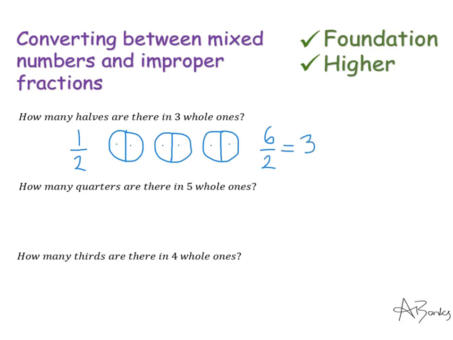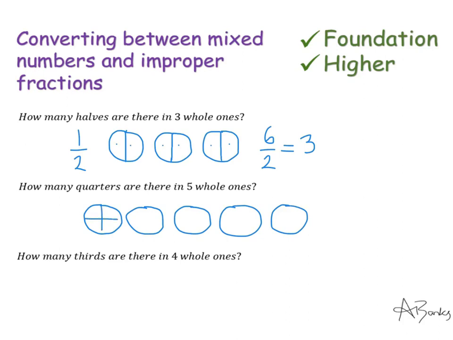How many quarters are there in 5 whole ones? So I'm going to draw 1, 2, 3, 4, 5 whole ones, and now I'm splitting these into quarters, so that's into 4 equal pieces. There we go.